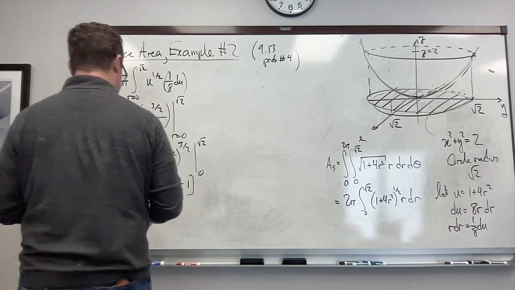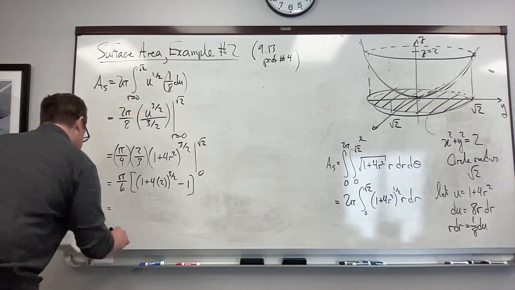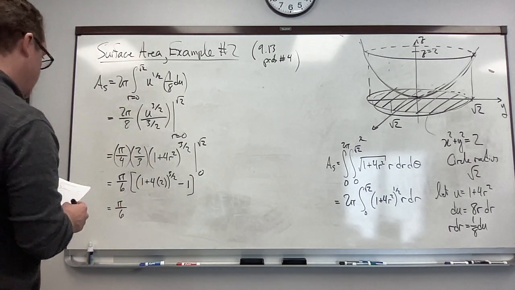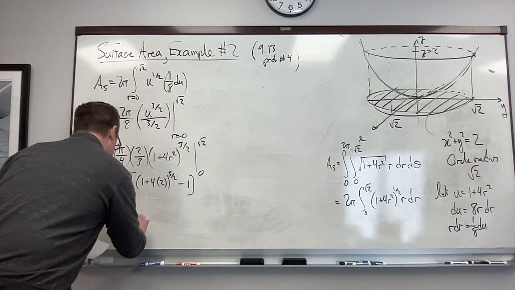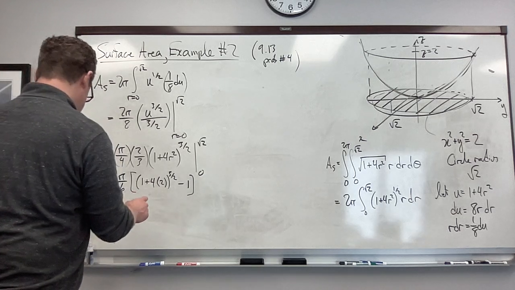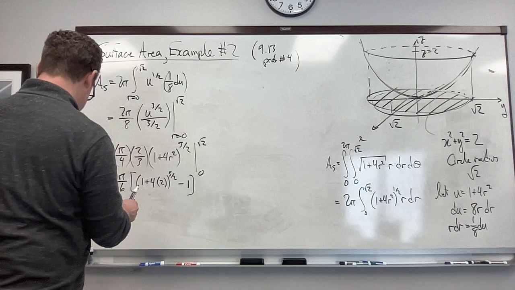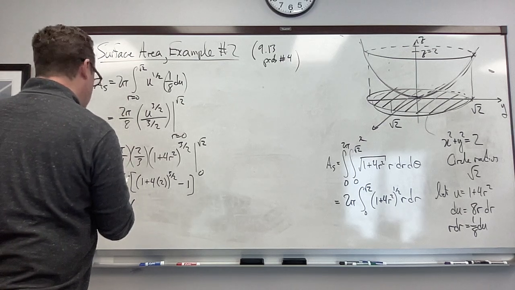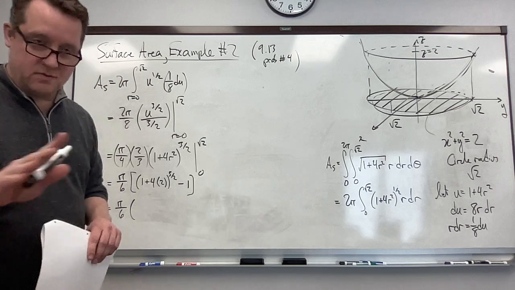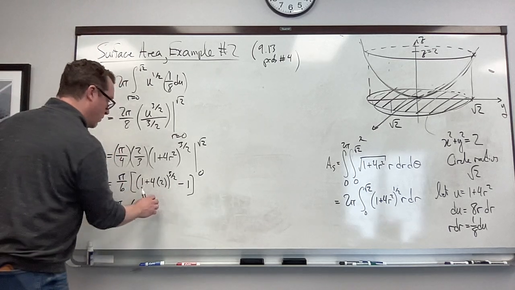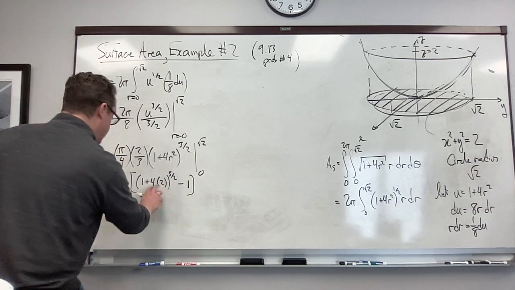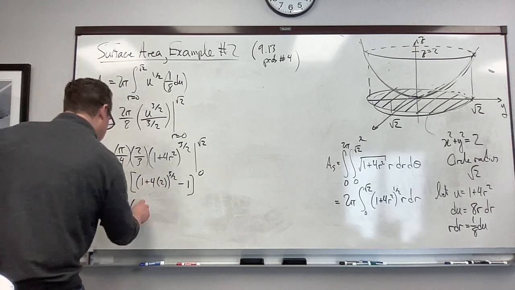Okay, so that is pi over 6. I was almost going to cancel the 1's here, but I forgot this one's inside the 3 over 2. So I need to simplify this down. So this is 8, so this is 9, 9 to the 3 over 2.